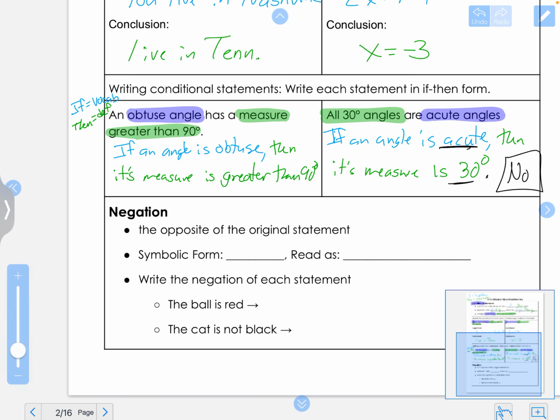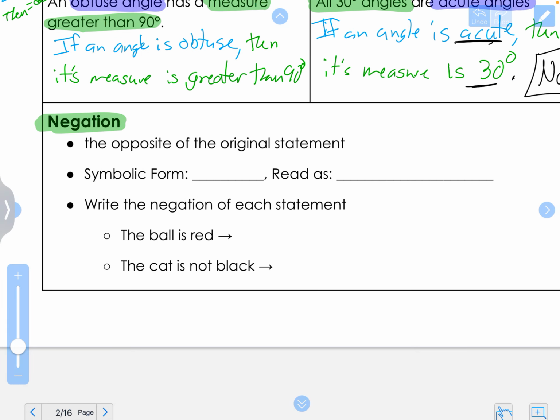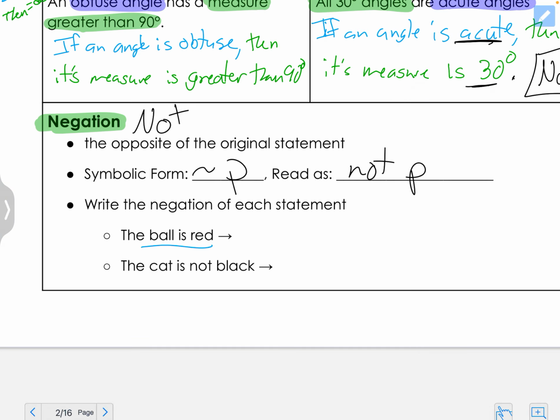The next thing we need to talk about is negation. Negation simply means not. It is the opposite of the original statement. The way that we write this is we write a squiggle, which stands for not, and then P. We read this as not P. If we were to write each of these statements as a negation, we would write the ball is not red.